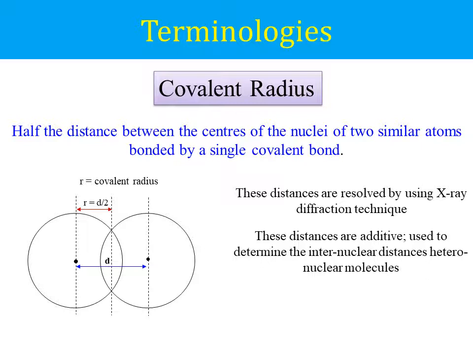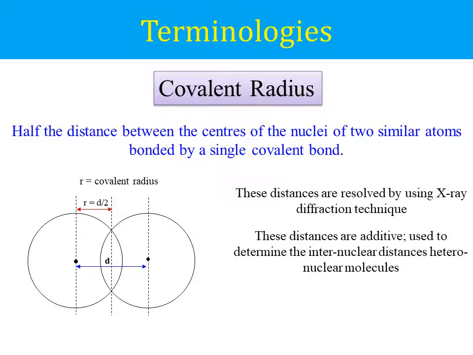For heteronuclear molecules, the covalent radius is very important, because the individual covalent radii identified for similar atoms can be used in different molecules where different atoms are present, and by adding up the values, we will be able to get the corresponding size of the molecule.